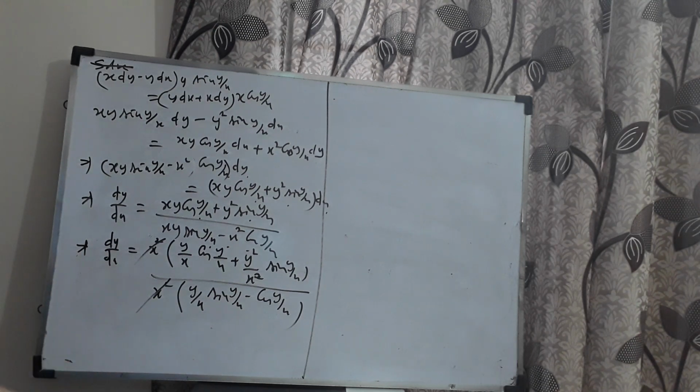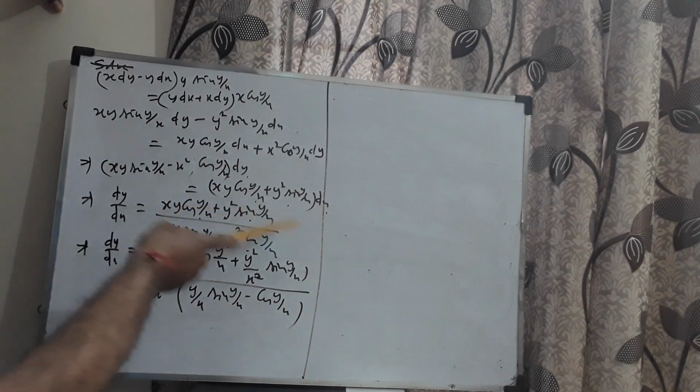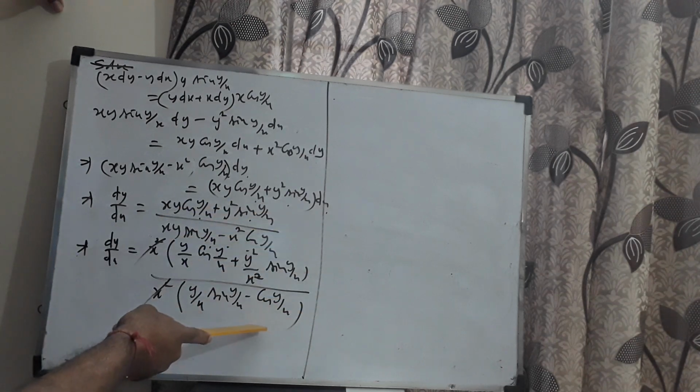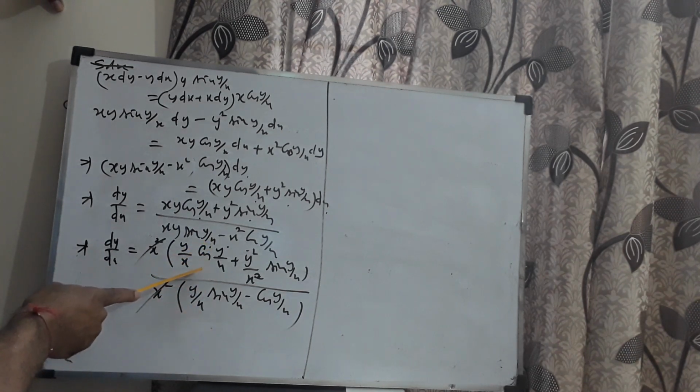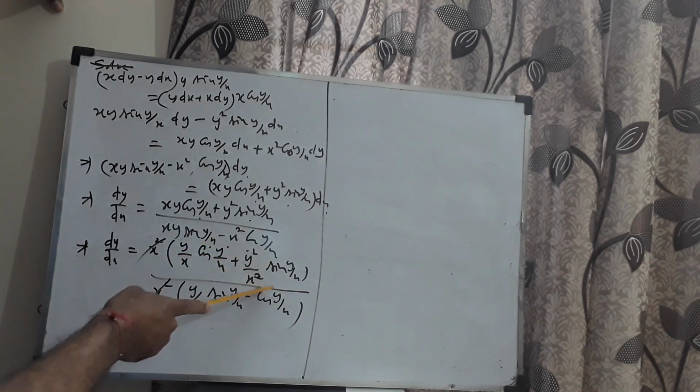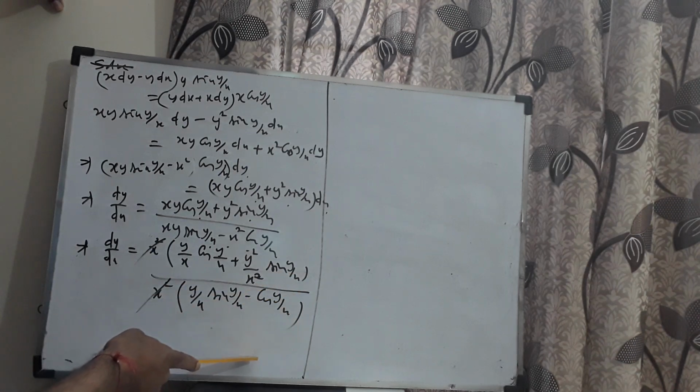Remember carefully, only the homogeneous part let me explain orally. I'll take this quantity as f of x comma y, the right hand side function. Take f of lambda x comma lambda y. Everywhere lambda will get cancelled, and it will reduce to lambda power 0 into f of x comma y.